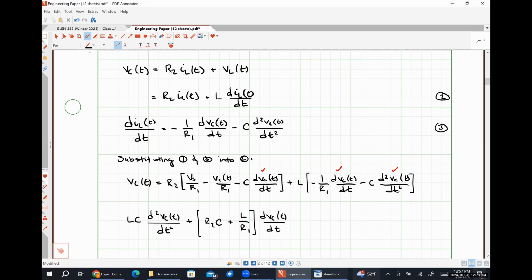So now I have what I like to call my 0th derivative terms, or just the function VC by itself. That'll be plus 1, so this guy over here is going to contribute a 1. And then I'm also going to have plus R2 divided by R1.